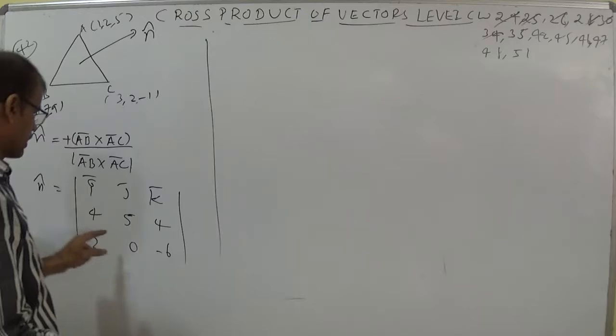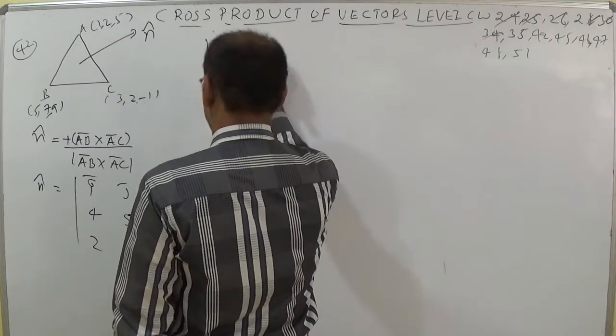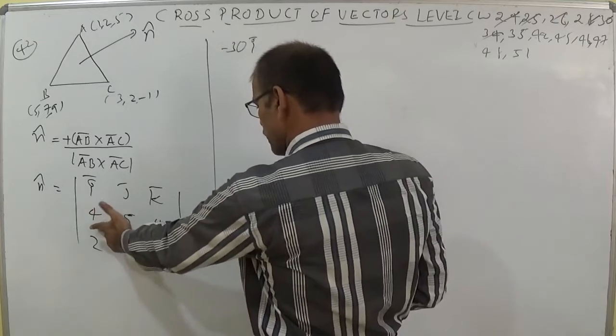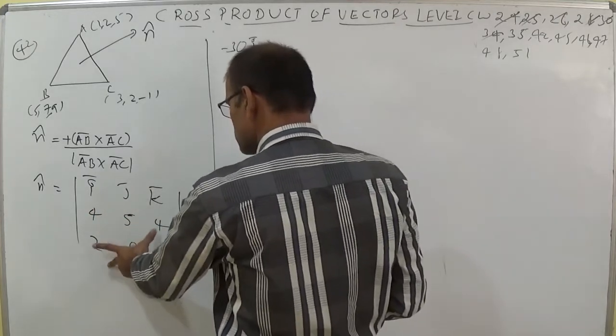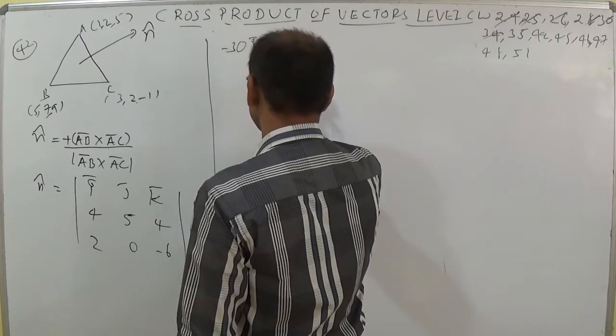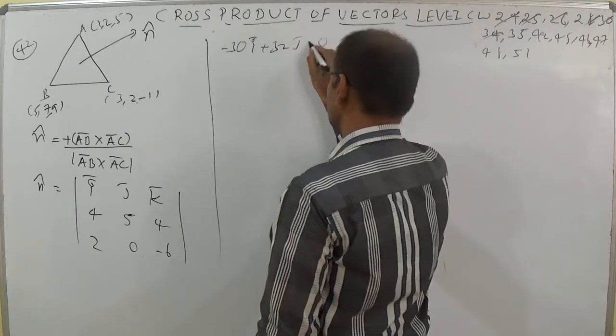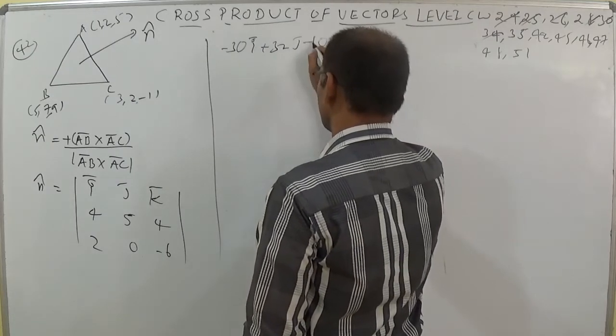You can calculate the cross product here: minus 30 i bar, next minus j into minus 24 minus 8, that is minus 32, so plus 32 j bar, plus k into 0 minus 10, which is minus 10 k bar.